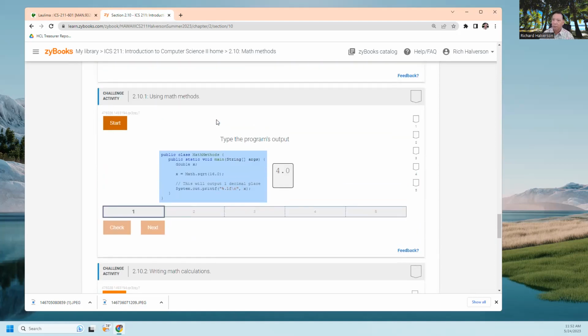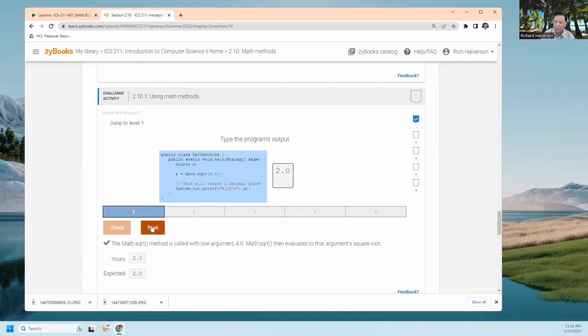Okay, using math methods. Type the program's output. X equals the square root of 4, which is 2. And we're going to print this now, which is 2.0. Enter. Yes.